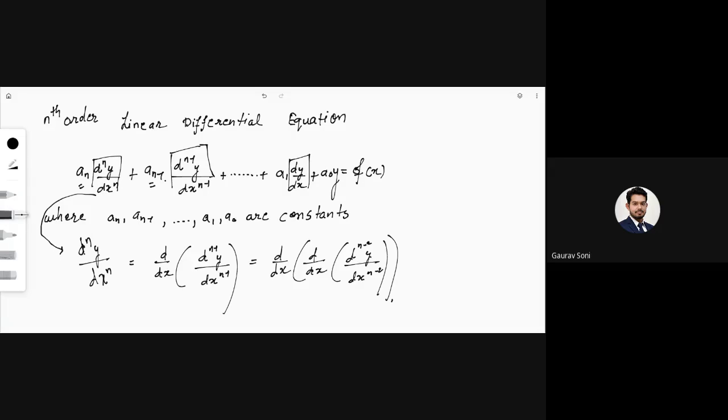an minus 1 up to a1, a naught, I have already written that those are constants.